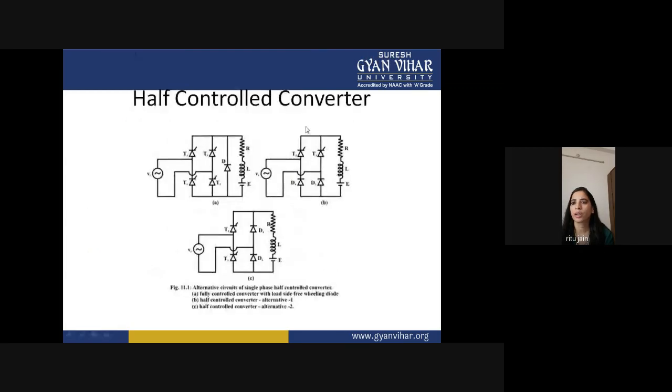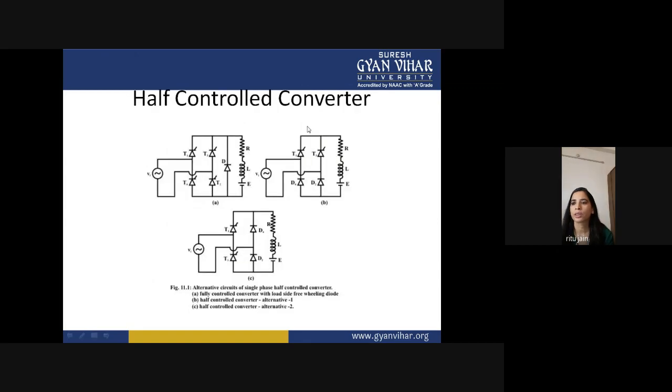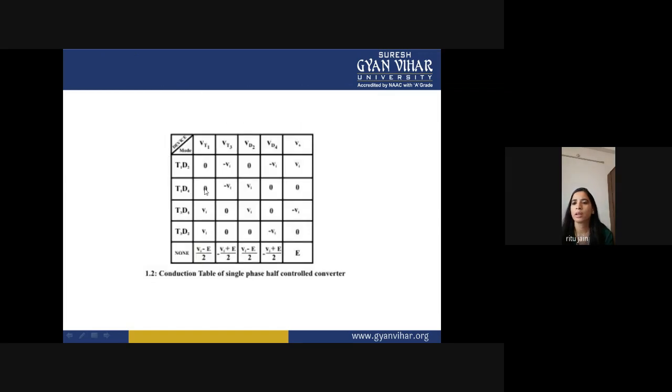When T1 and D4 are conducting simultaneously, the direction of current will be as shown.